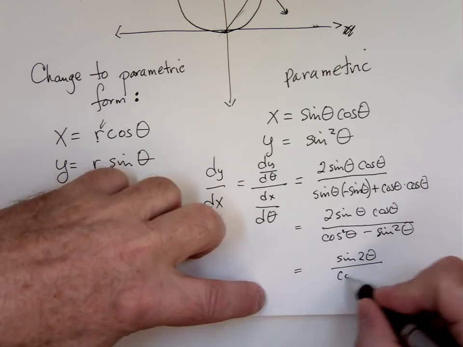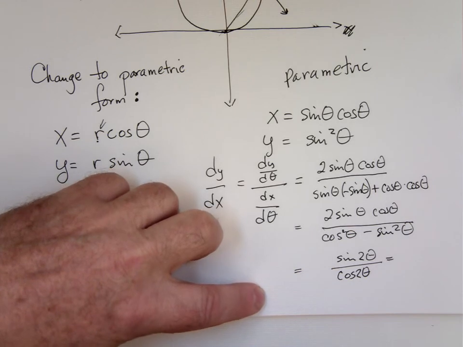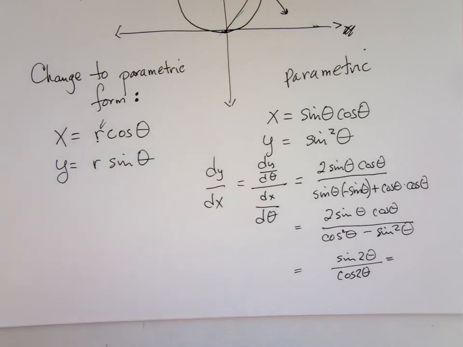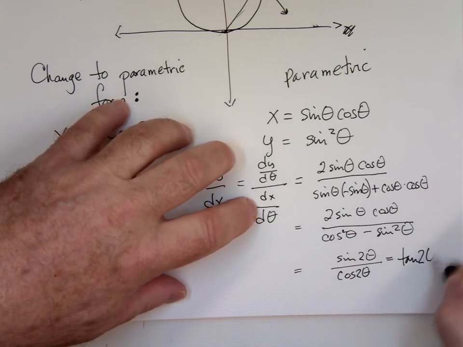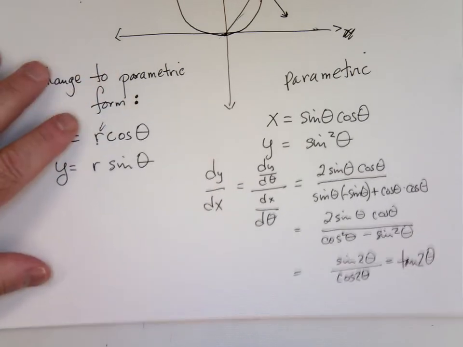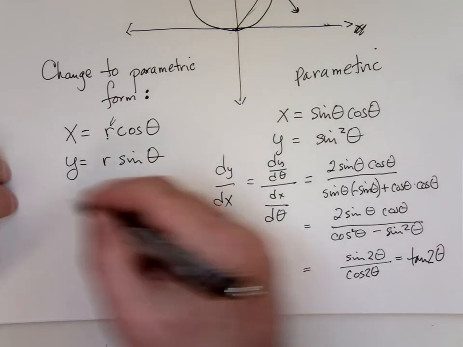And actually, what's sine 2 theta over cosine 2 theta equal to? Tangent 2 theta. That's pretty cool. Look at that. Wow. Theta equals pi over 4. What's the slope of the tangent line?